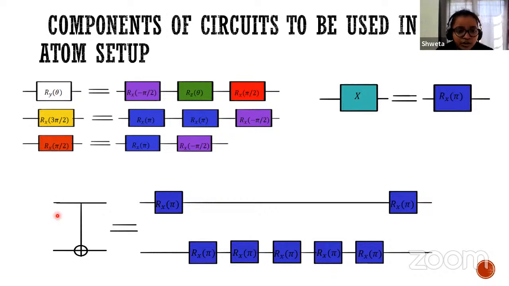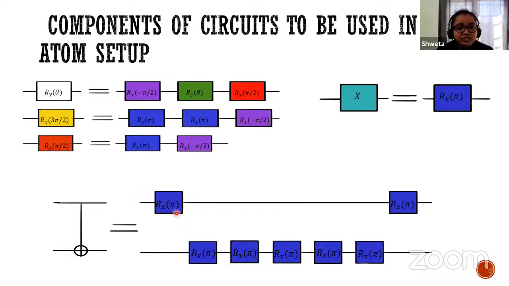And also this CNOT gate, as various esteemed speakers have spoken about in the last 2 days, there are various methods by which we can implement the CNOT gate. So I have taken one form of that. This is the control atom, this is the target atom for the CNOT gate.